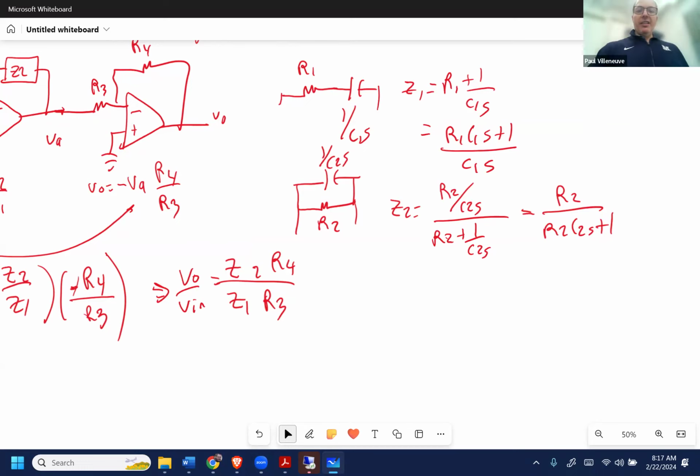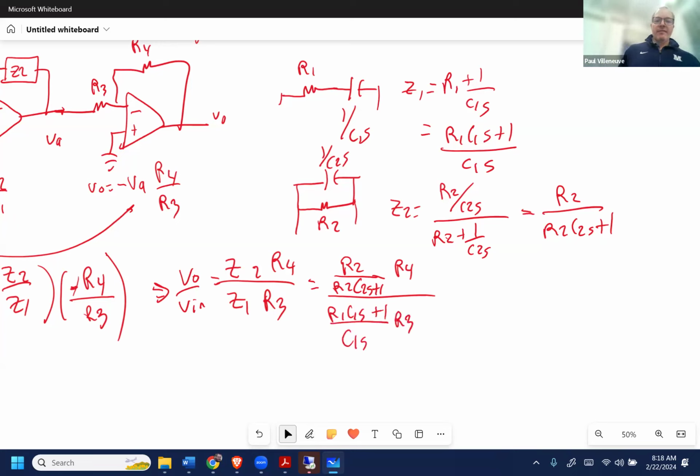So now I just need to stuff those into here. And I have, let's see, R2 over R2 C2S plus 1. And that gets multiplied by R4 all over Z1 R3. Okay.